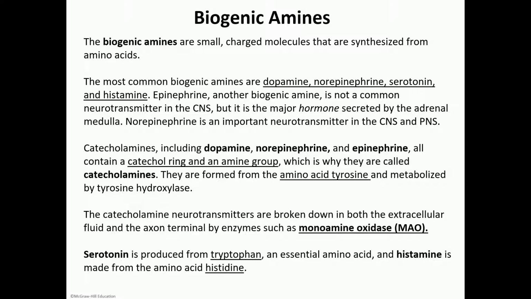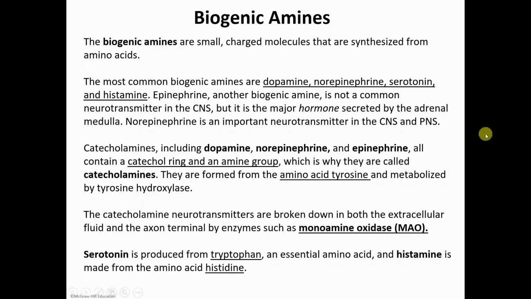Epinephrine is also a biogenic amine, and although it is a neurotransmitter, its more common function is as a hormone that comes out of the adrenal medulla. So the adrenal medulla and the brain release both norepinephrine and epinephrine.